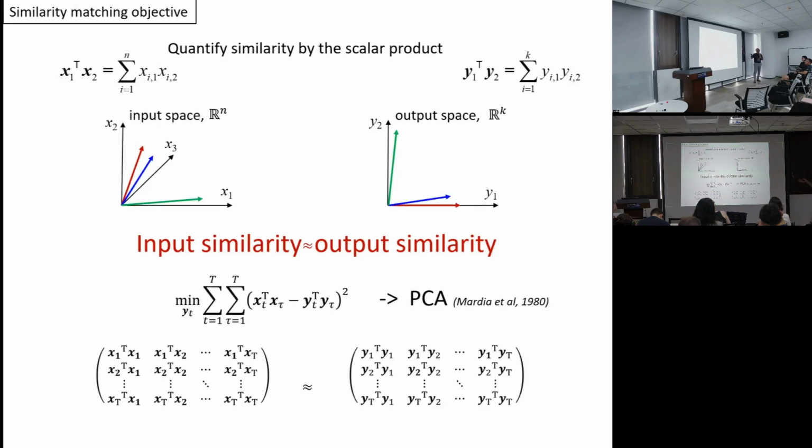Even though it looks very different from the reconstruction objective, it actually has the same solution. And that was known in the field of multidimensional scaling, which does exactly what you described. So you can use the same logic as in PCA. You can look for an elbow in explained covariance as a function of the number of components, and then choose the point where that elbow happens as the number of your components.